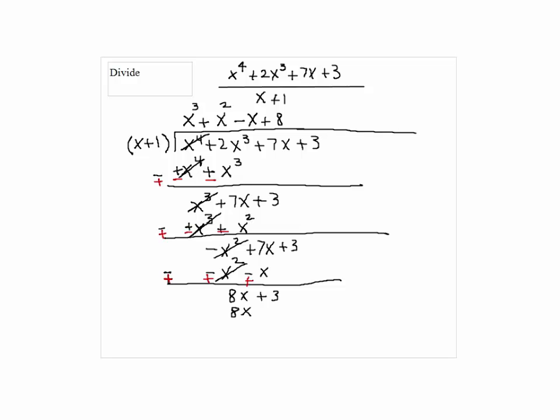So both x to the power of 2 terms add up to 0. The remainder would be 7x plus 1x, which is 8x, plus 3. And we say, what times x gives you 8x? It would be plus 8. 8 times x would be 8x, and 8 times 1 would be plus 8.